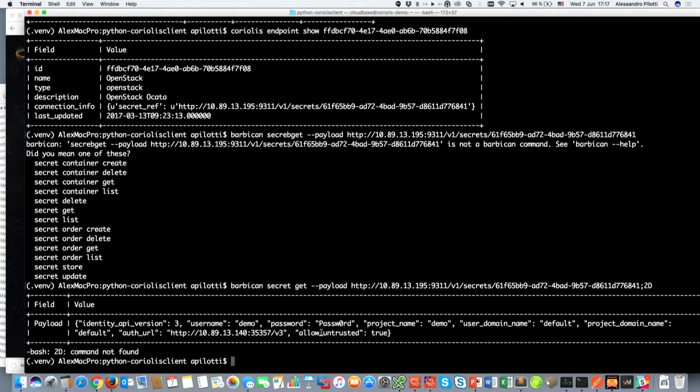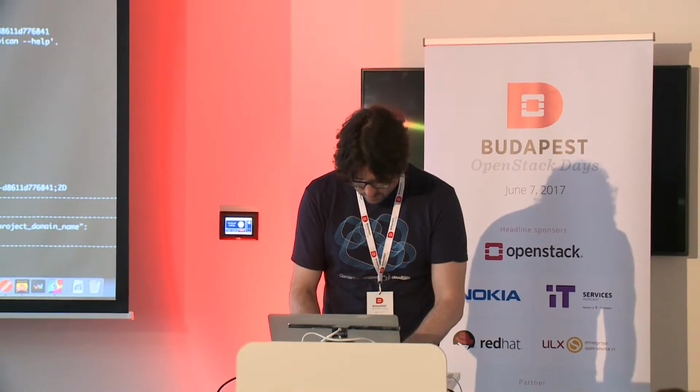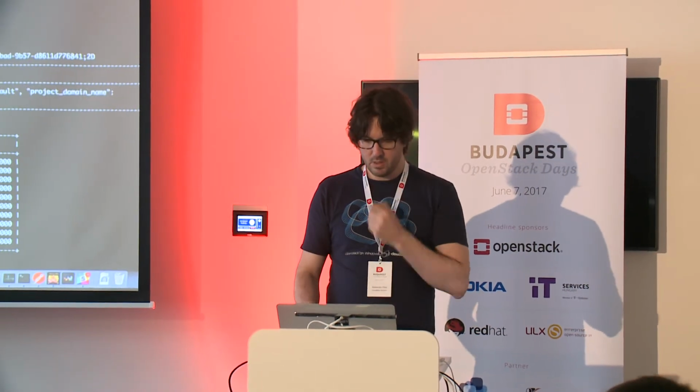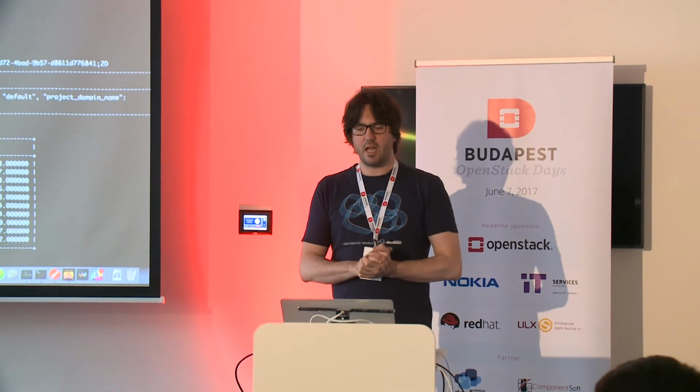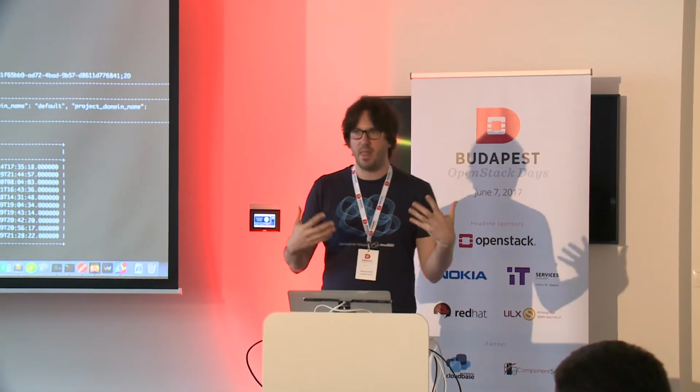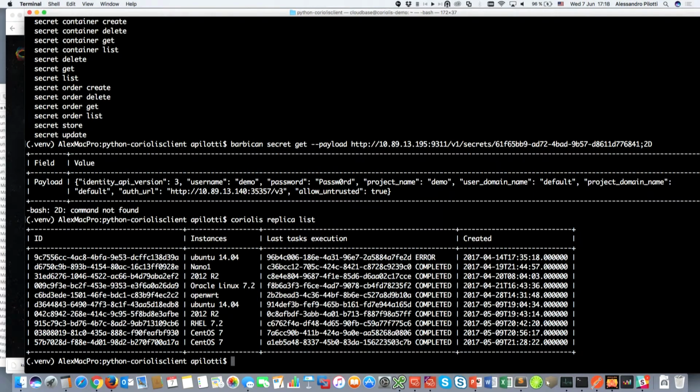What can I do with this? Now I need a Coriolis replica list, so I'm listing all the replicas that I have defined. What do I have in a replica, and how do I create a replica?